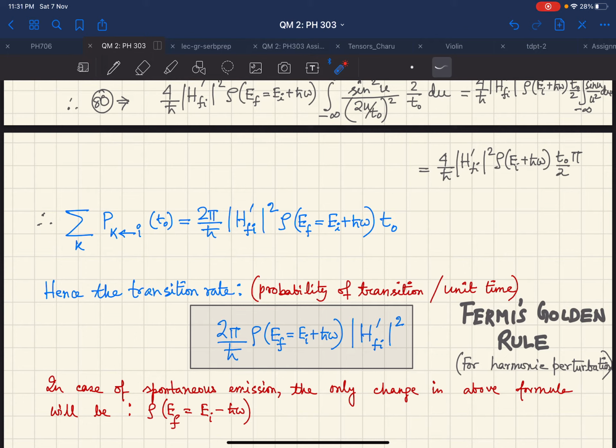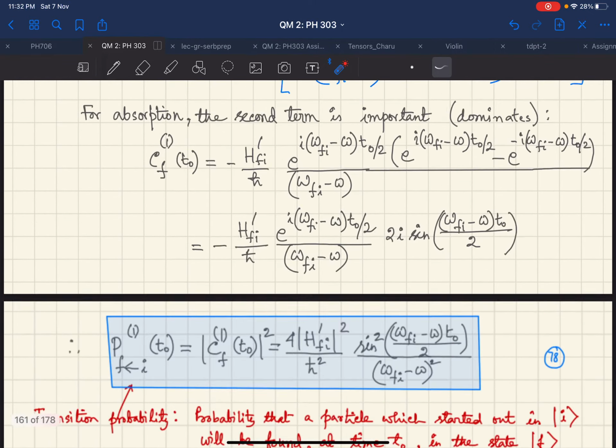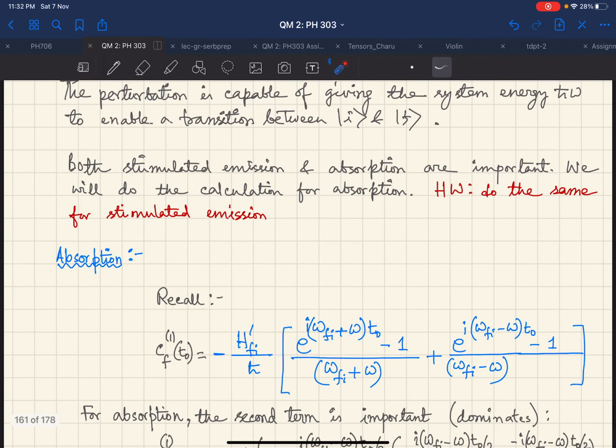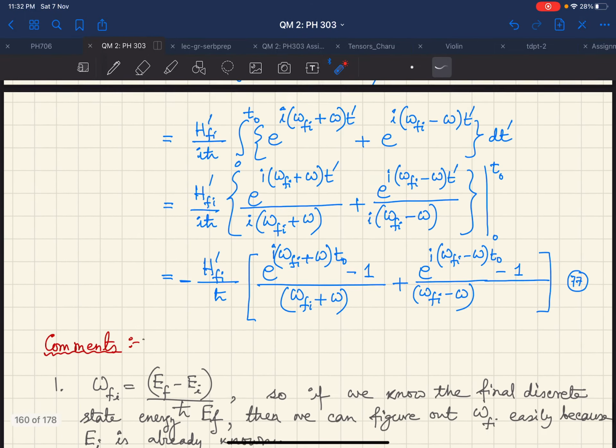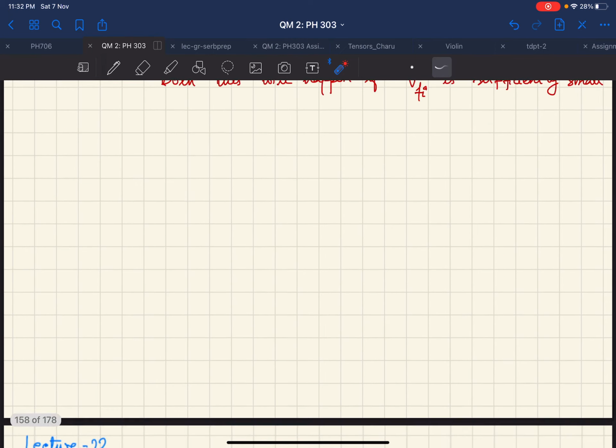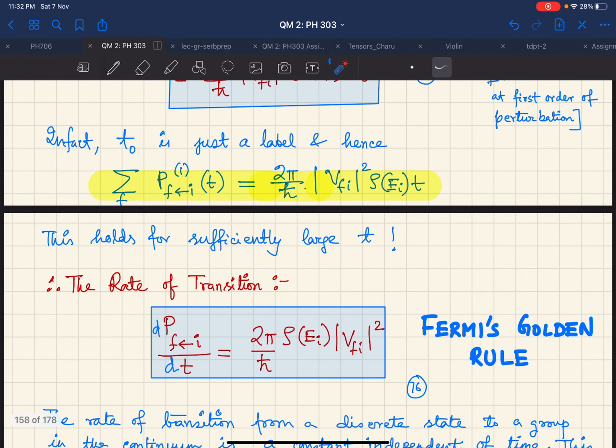So in case of spontaneous emission, the only change that will occur in this formula, which we call the Fermi's golden rule for harmonic perturbations, is exactly same. If you go back to your calculation for constant perturbations, you can see everything is the same here also. Here you had written down this quantity.